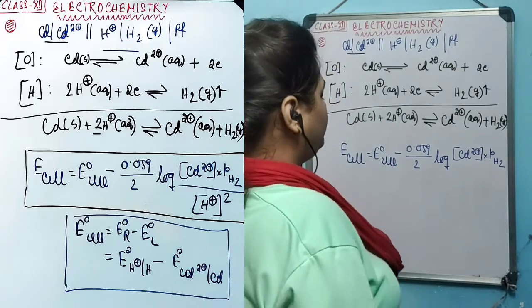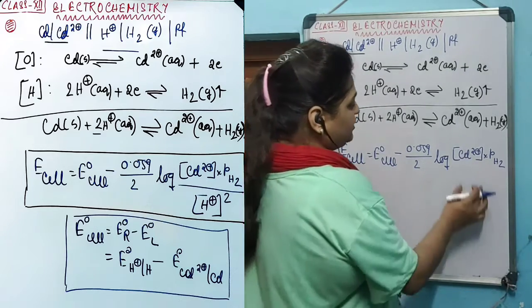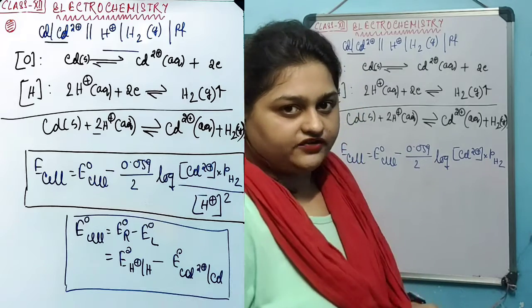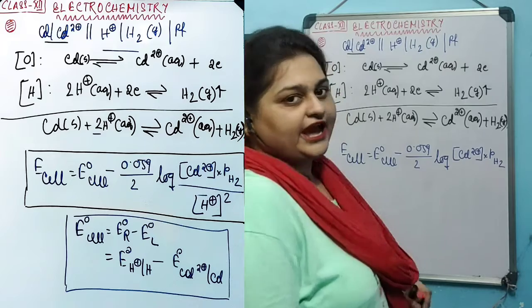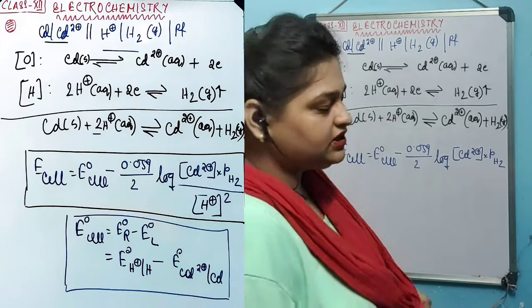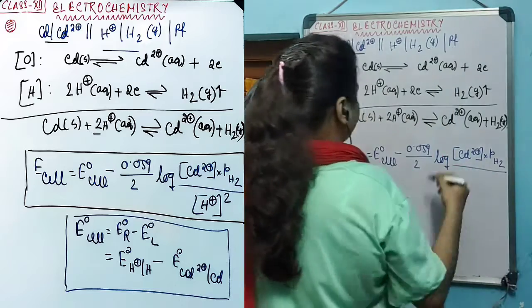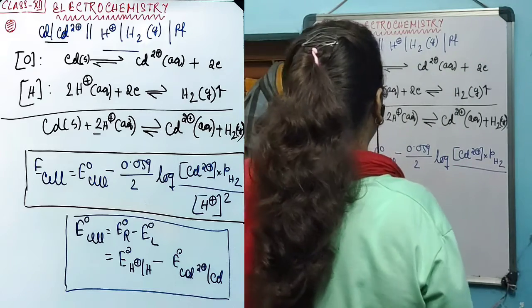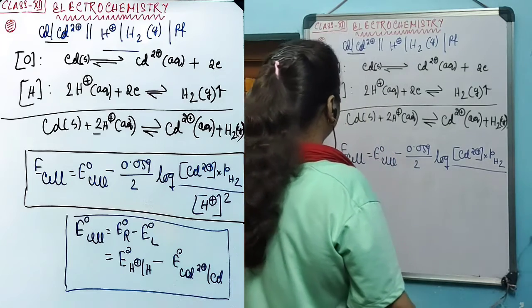That's why the concentration of cadmium 2+ is taken in place of the activity of cadmium 2+, and the partial pressure of hydrogen gas is taken in place of the activity of hydrogen gas, divided by, as no other product is there, the concentration of the reactants.